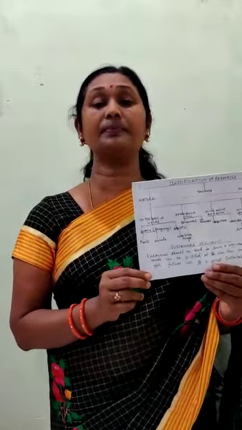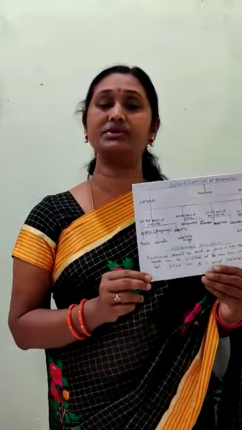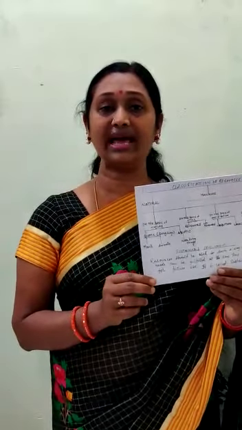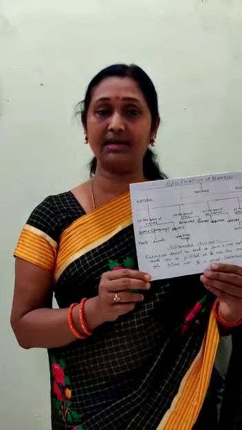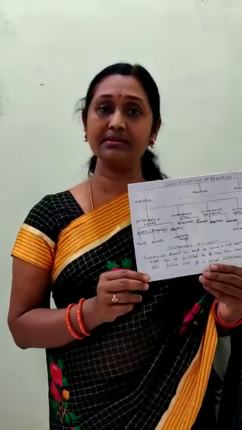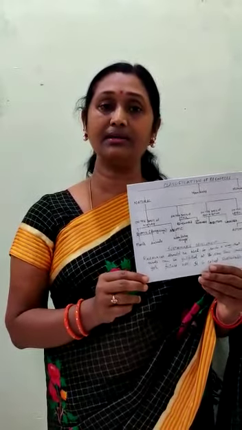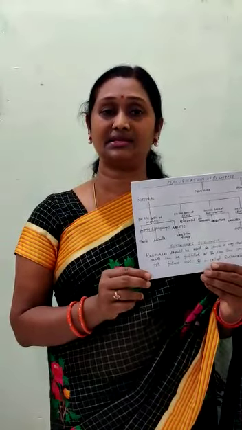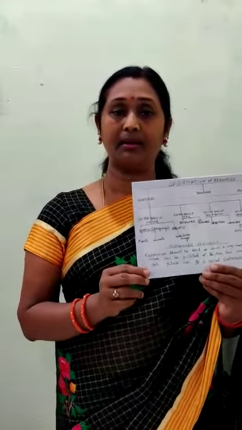Biotic resources comprise all those resources which have life in them, like human beings, animals, trees, and plants. Abiotic resources comprise all those resources which don't possess life.